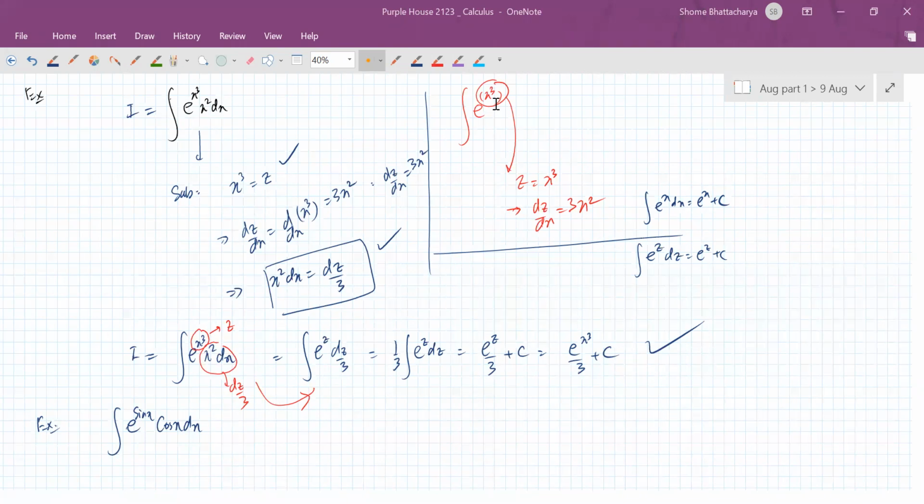Yes, it's correct now. Yes, Sakshi, that's correct. Very good.